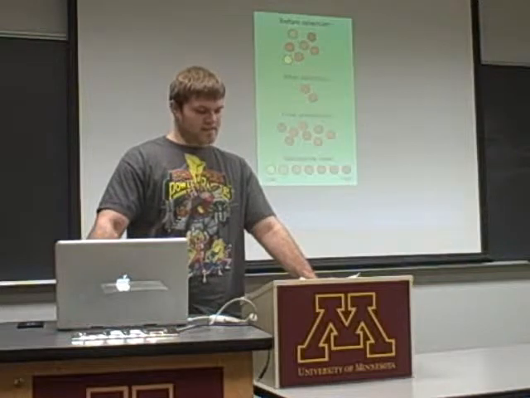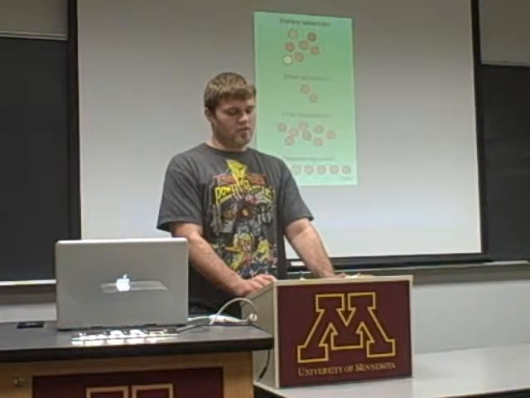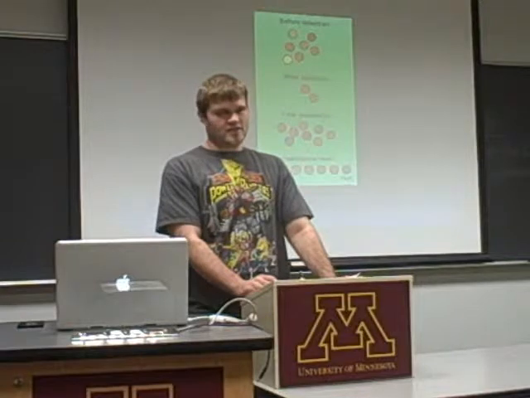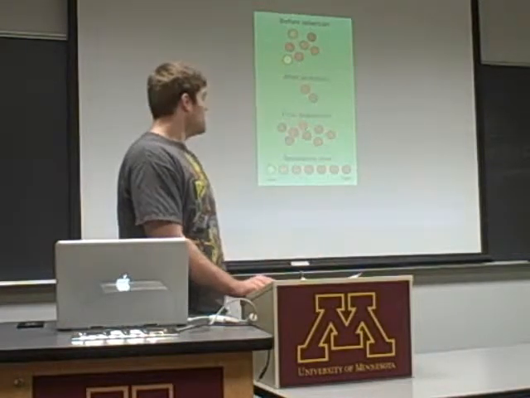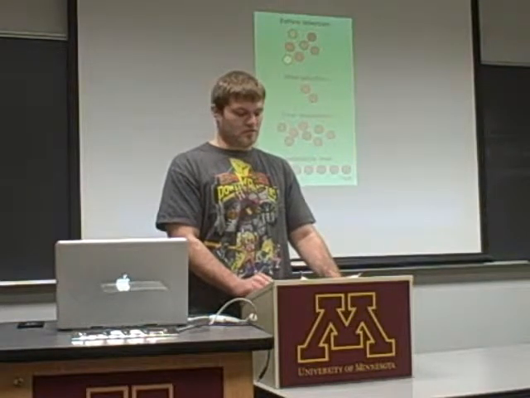So, antibiotic resistance, what is it? The FDA defines it as the ability of a microorganism to withstand the effects of a particular antibiotic. So to first understand this, we need to understand this picture here, which is basically natural selection or evolution.